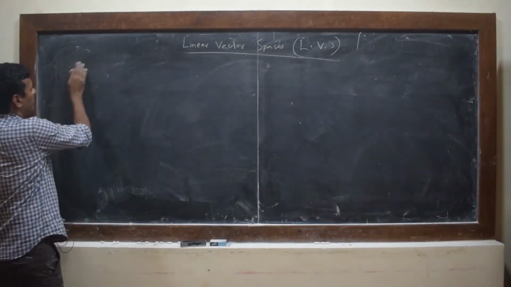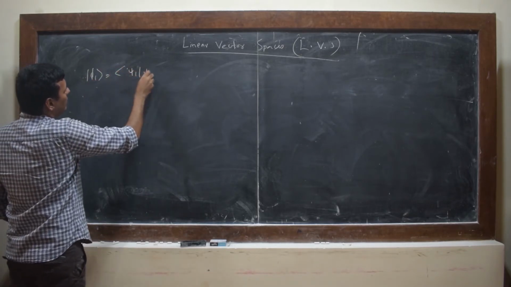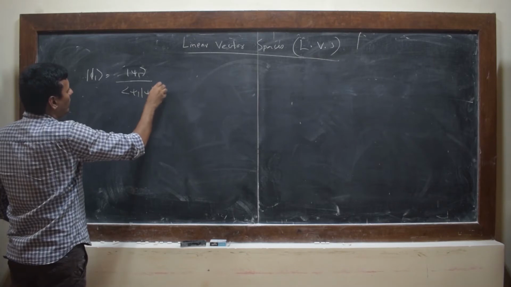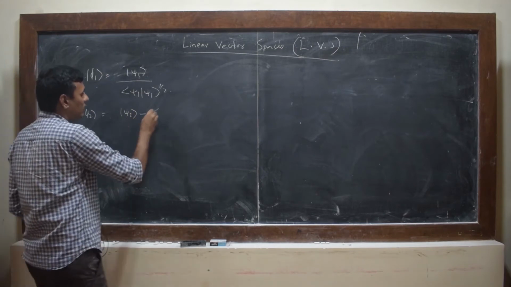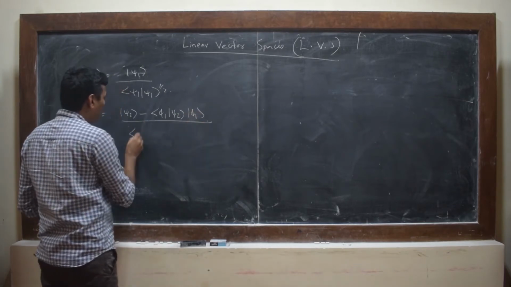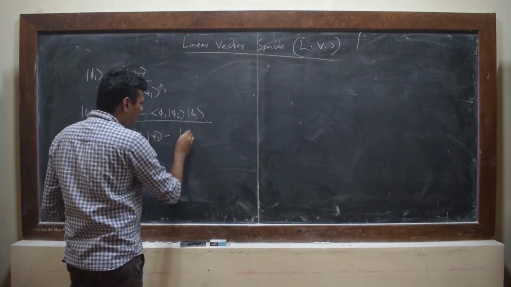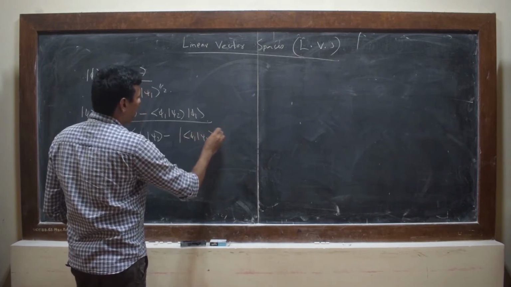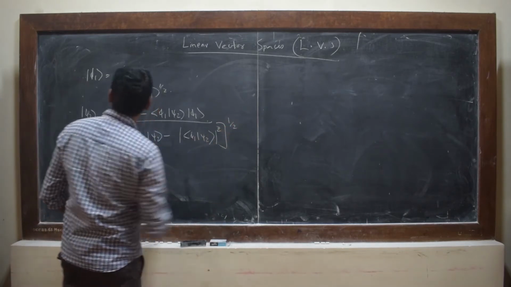So now we have the normalized vector phi 1, which is psi 1 divided by ⟨psi 1|psi 1⟩ all raised to half, and phi 2 is actually psi 2 minus ⟨phi 1|psi 2⟩ phi 1 divided by ⟨psi 2|psi 2⟩ minus |⟨phi 1|psi 2⟩|² all raised to half.